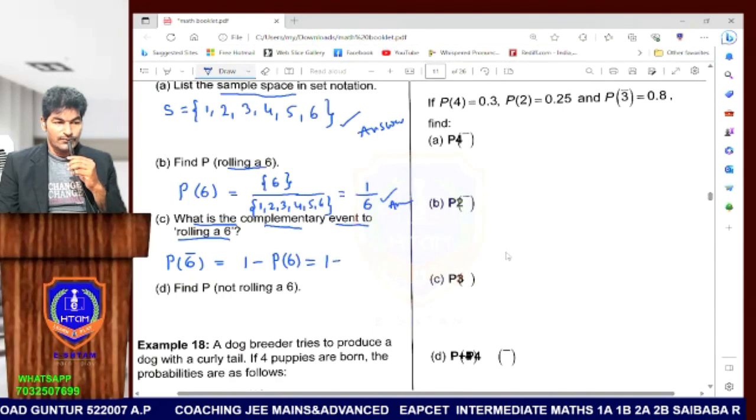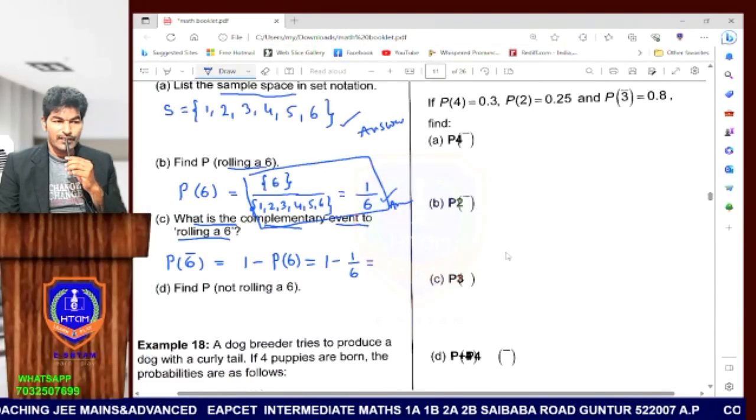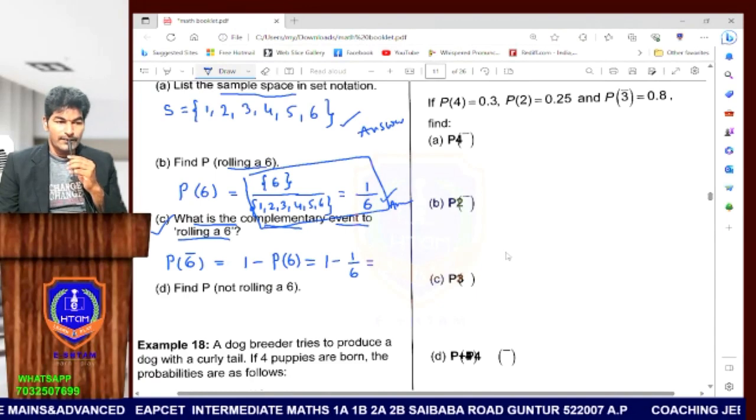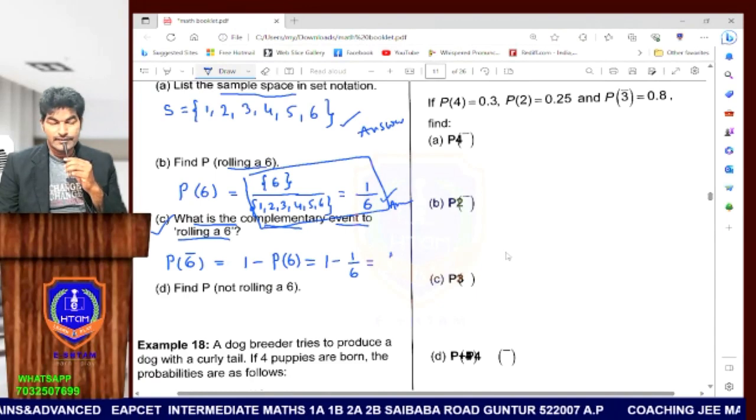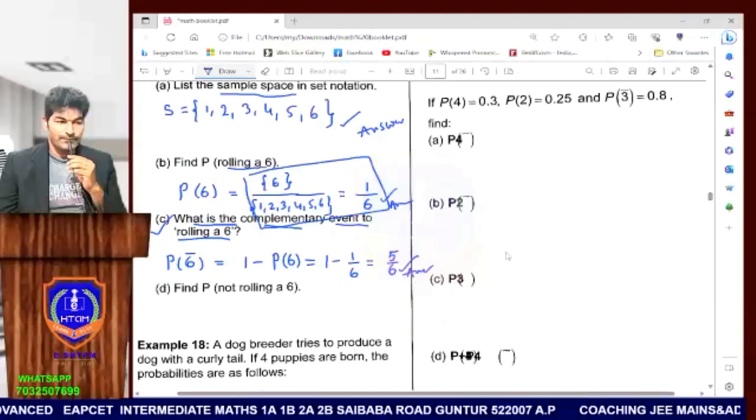We just calculated P of 6 in the above question, which is 1 by 6, so you can use that value directly. Otherwise you have to calculate it here, with the same steps, if this question was asked solely. And 1 minus 1 by 6 is 5 by 6. That is the answer of this question.